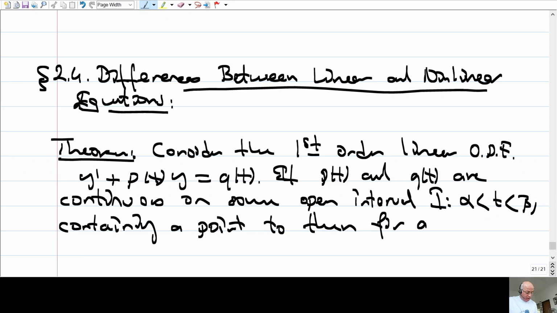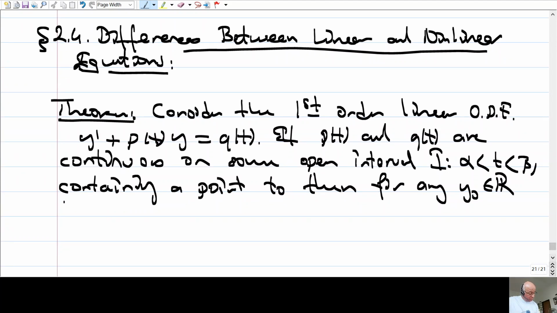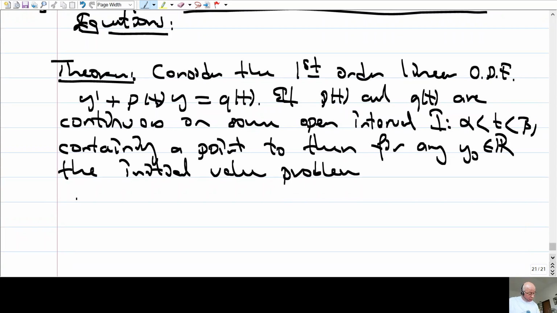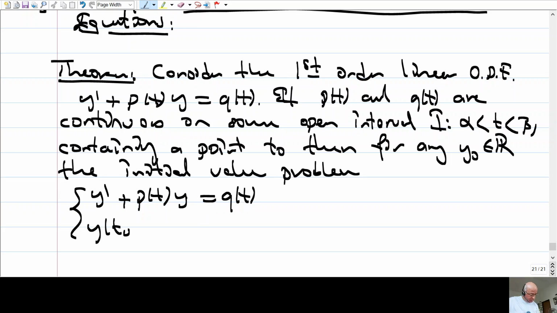for any y0, the initial value problem, which is this initial value problem. Our equation is y prime plus p(t)y equals q(t), and the initial condition is this.